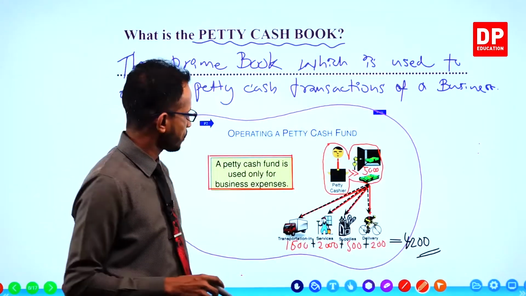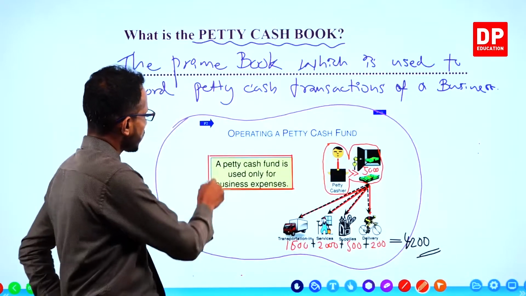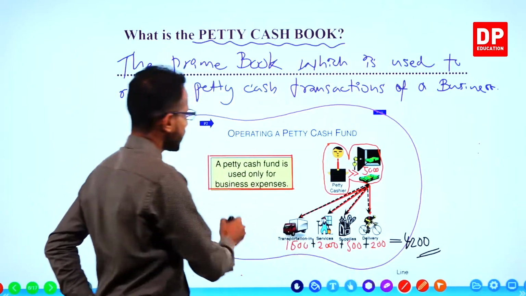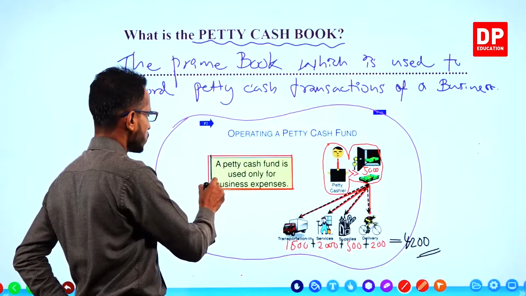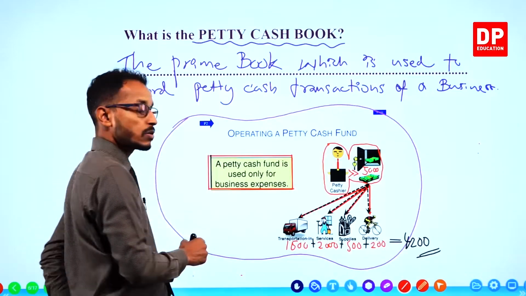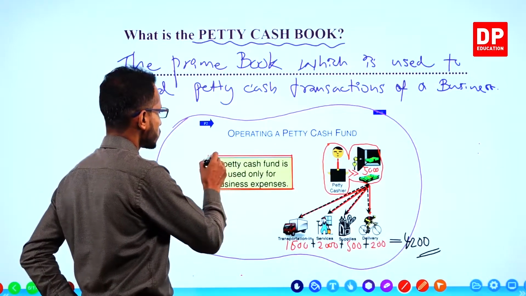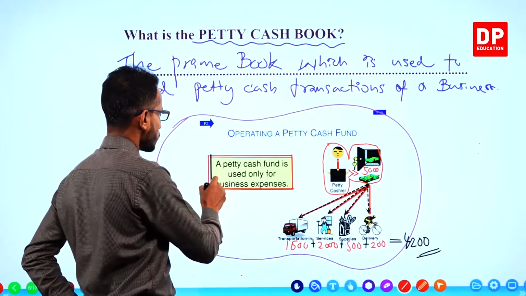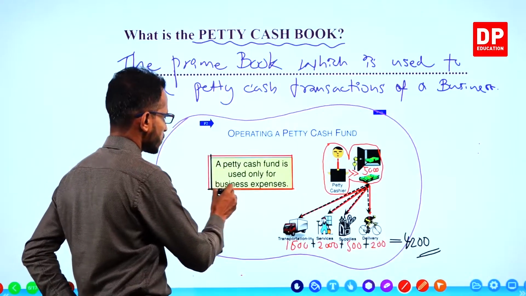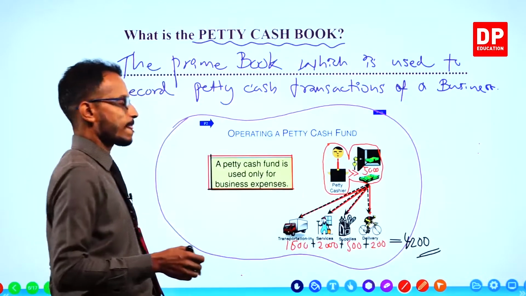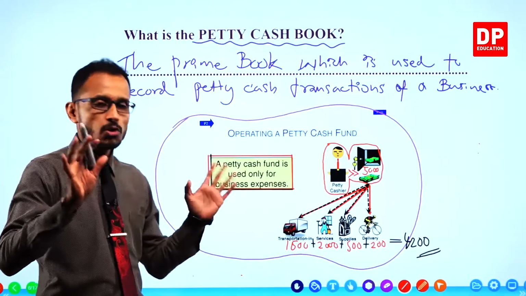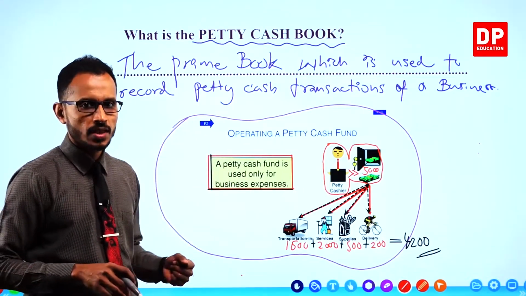Got it? That's why they say the petty cash fund is used for business expenses, but small daily expenses.